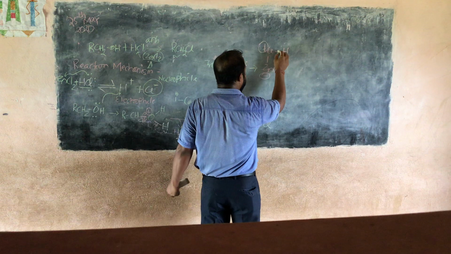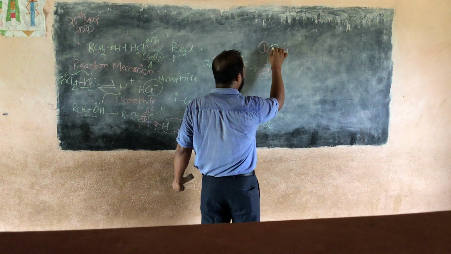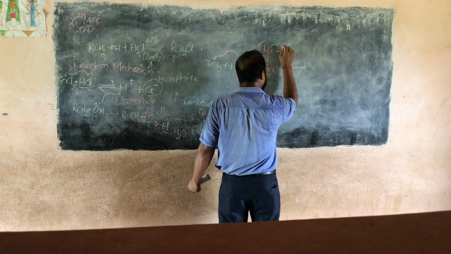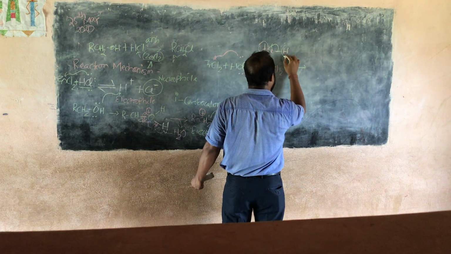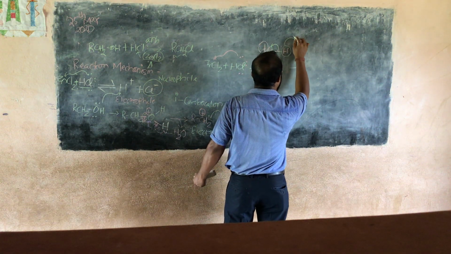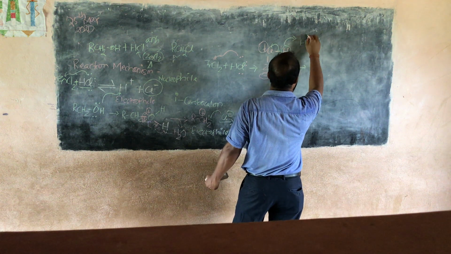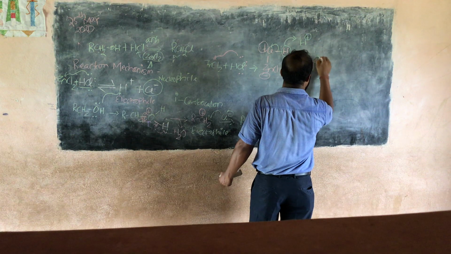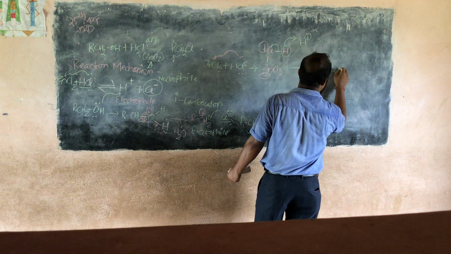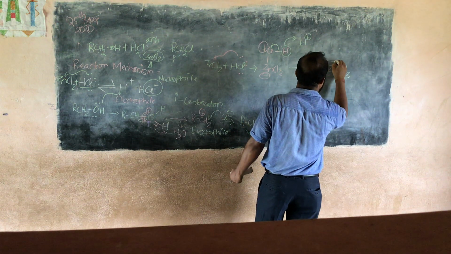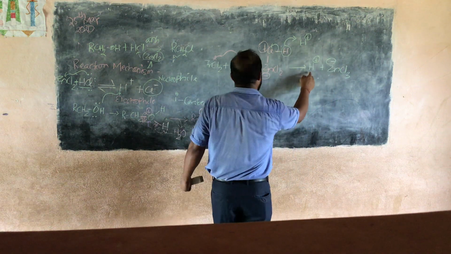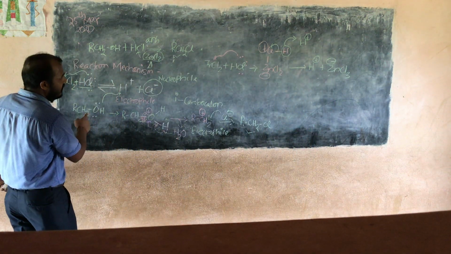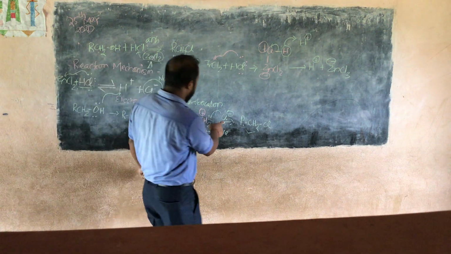After that, this bond will shift to the chlorine, and hydrogen will lose its electron and eliminate as H plus. Now this H plus will start reacting with this alcohol in the similar way.